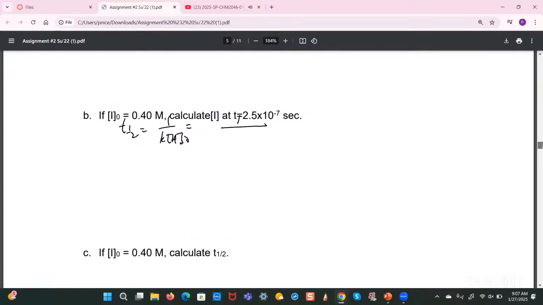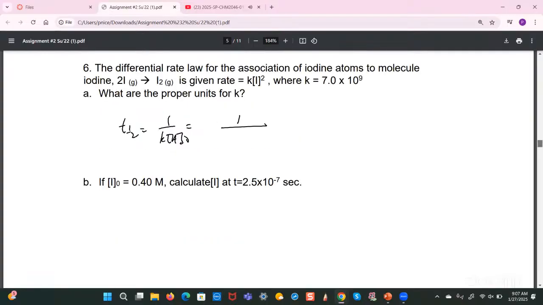K is 7.0 times 10 to the 9, M to the minus 1, s to the minus 1, right? Multiplied by the initial concentration, which is 0.40 M.